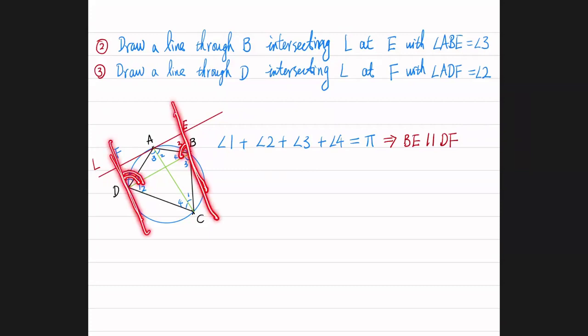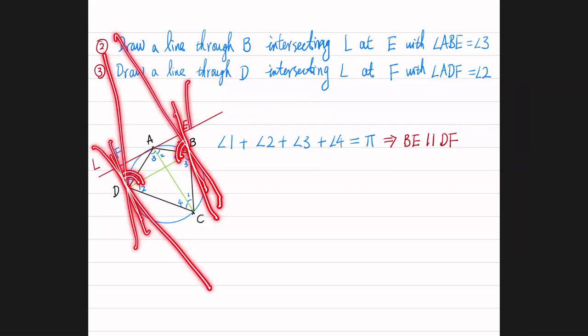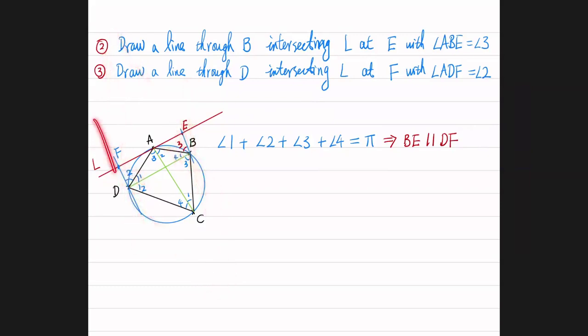If the summation of these two angles is less than 180, they intersect in this direction. Bigger than 180, they intersect in this direction. Equal to 180, they do not intersect and we call it parallel. This is something we learned in the very beginning.